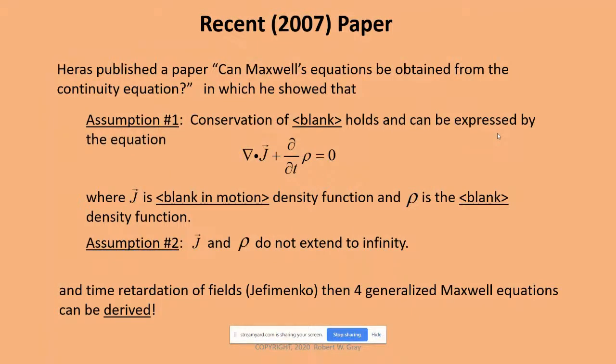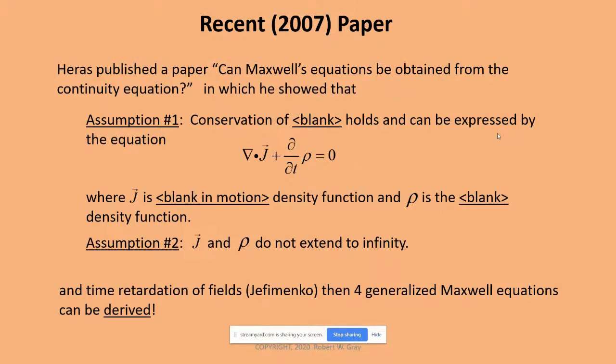Getting there. Further on, in a recent paper, recent being 2007, Heras published a paper, Can Maxwell's Equations Be Obtained from the Continuity Equation, in which he showed that with a couple of assumptions. Assumption one, conservation of blank. Fill in your blank: conservation of charge, conservation of mass, conservation of you name it.